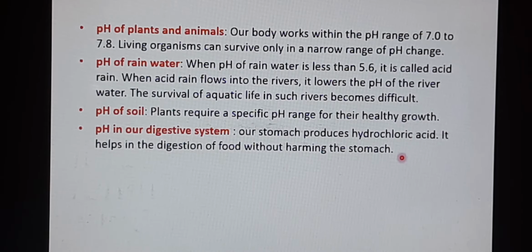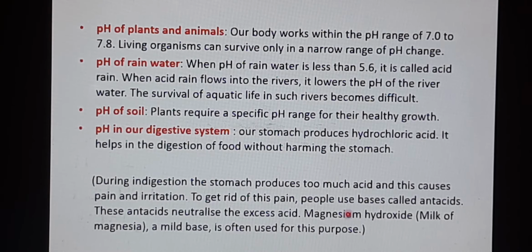So too much acid means, if you go back to the bases, we have done one neutralization reaction, and there we learned that bases will neutralize the effect of acids. Now if there is too much acid in our stomach, we can use any base.